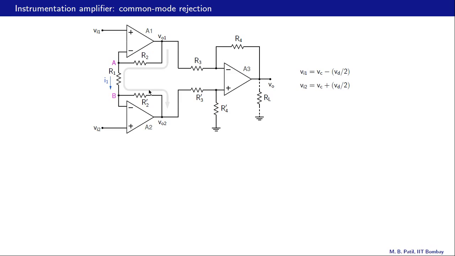So this R2 and R2 prime are supposed to be the same, but they would not be exactly the same because of tolerance values. Similarly, this R3 and R3 prime would be slightly different, and R4 and R4 prime would be slightly different. So as a result of that, the instrumentation amplifier will have a finite CMRR, and that is what we want to find.